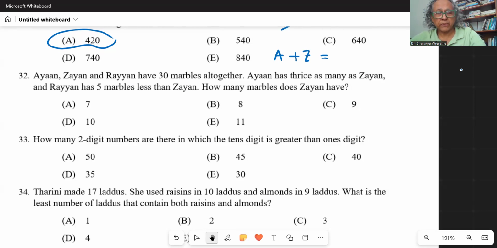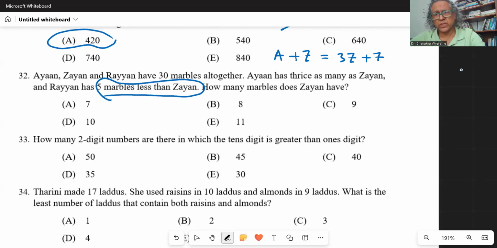Since Ayan has 3 times as many as San, this is Ayan has 3 times as San. And then the number San has. And then what Ryan has, which is 5 less than San.